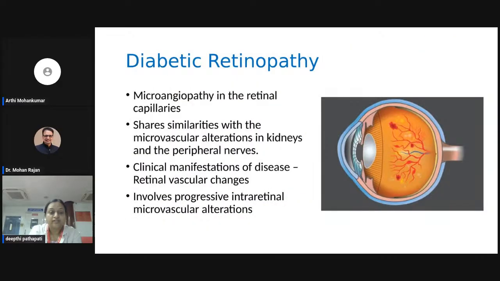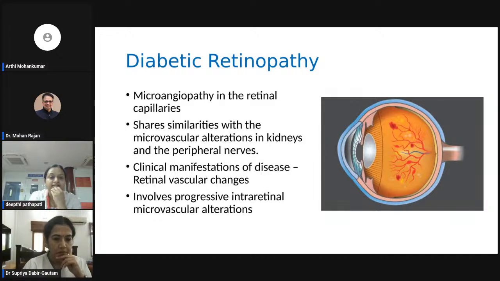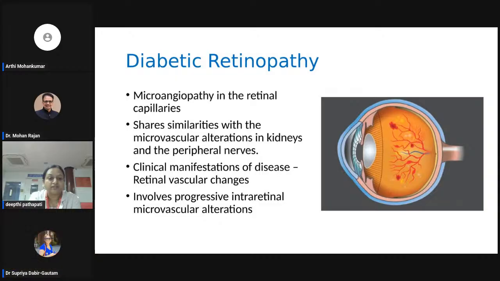What is diabetic retinopathy? It is a microangiopathy in the retinal capillaries, and shares similarities with the microvascular alterations in kidneys and the peripheral nerves. Clinical manifestations of the disease are retinal vascular changes, involving progressive intraretinal microvascular alterations.